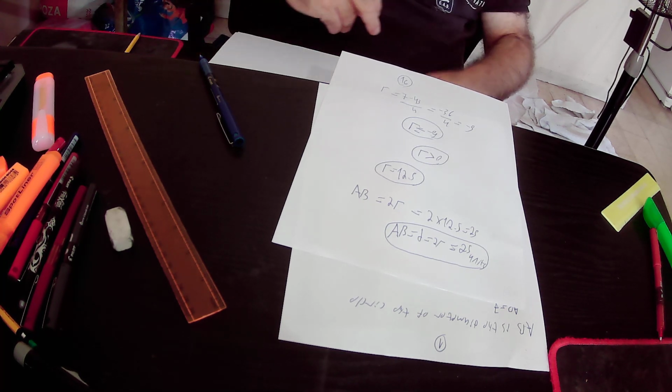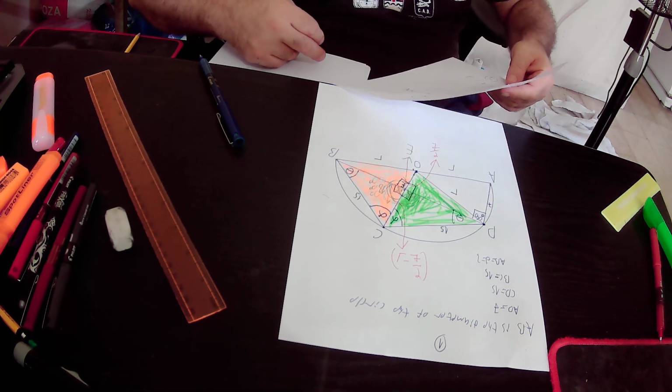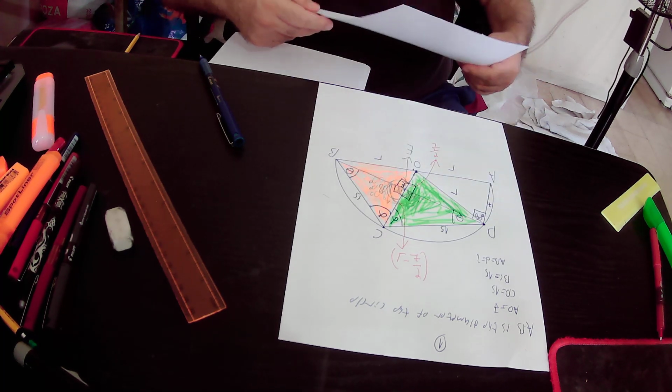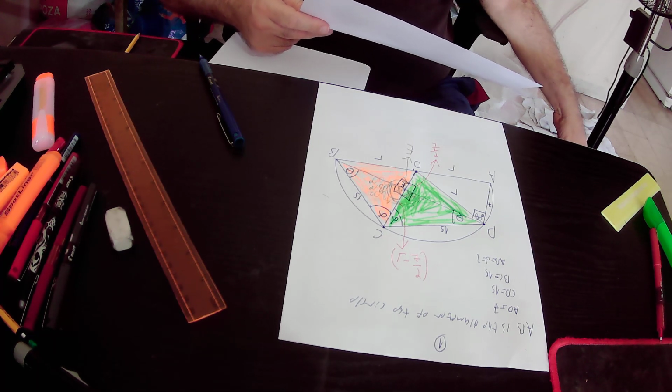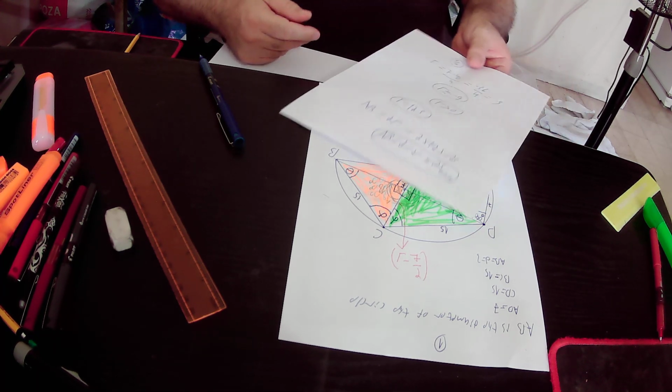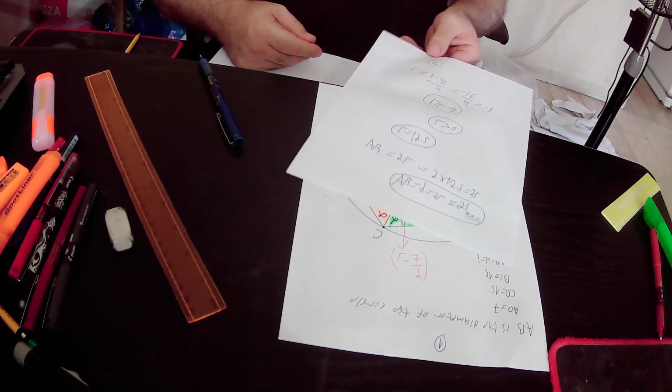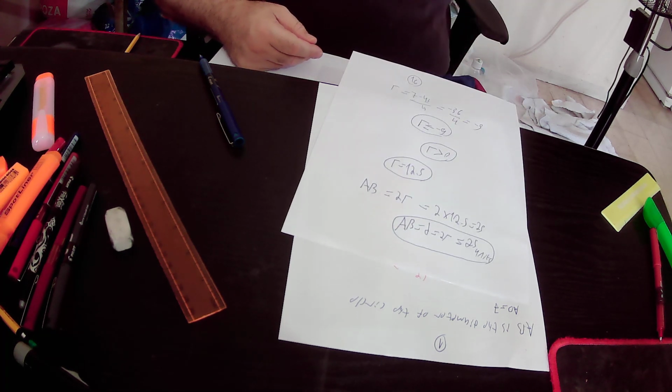The diameter of the circle equals 2 times the radius of the circle. So if r equals 12.5 units, then 2 times 12.5 units is 25 units.